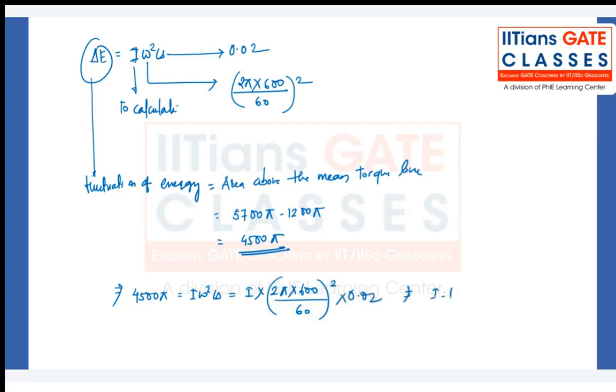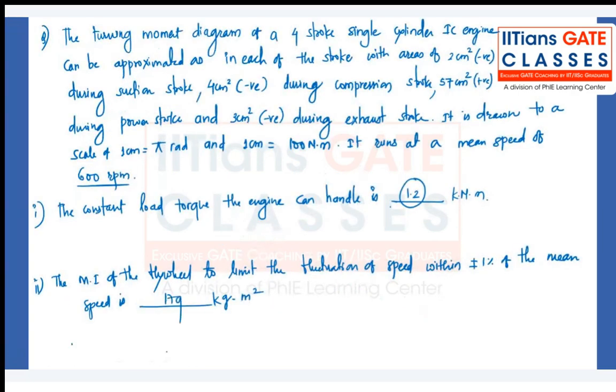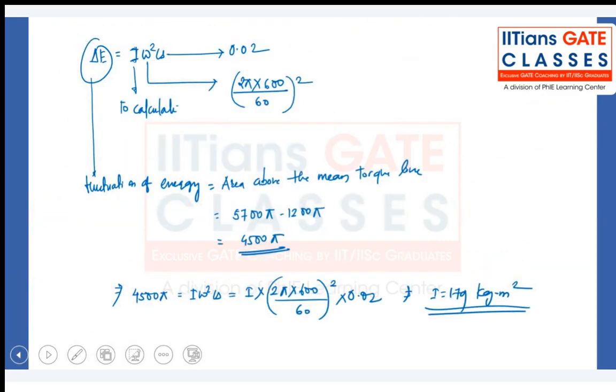This implies I is equal to 179 kg meter square. 179 is the final answer. I'll write it here. I'll wait for a minute. You can quickly write it down and then we'll proceed towards the next question.